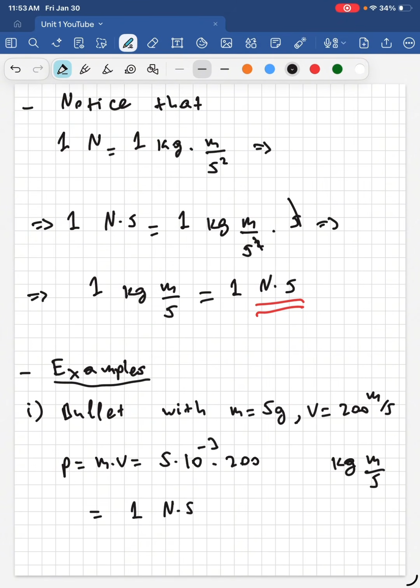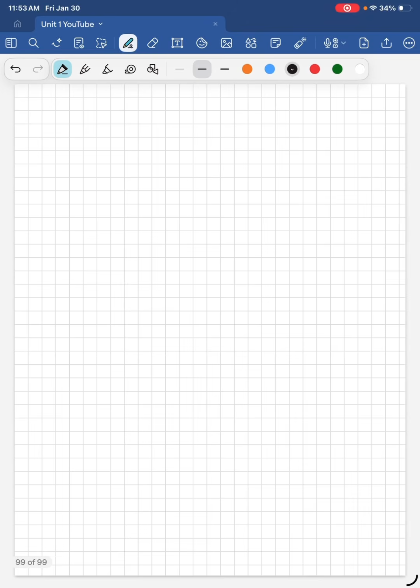But let's go see what the momentum of a car is. So a car with mass, say 2,000 kilograms, so 2 tons. This is a heavy car. I guess it will be a Jeep or something like that. And velocity 20 meters per second.